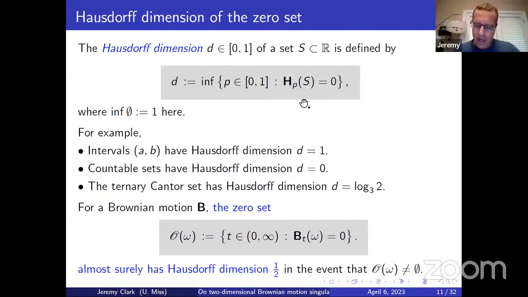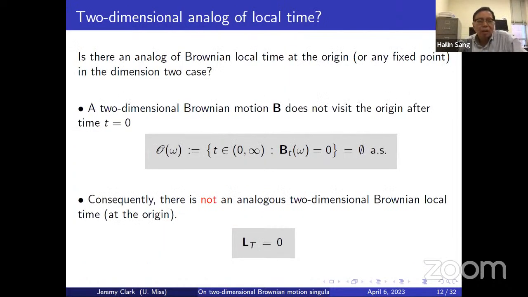Okay, good. Thanks. So that was a little bit of a summary of what happens in dimension 1. Dimension 1 has the minimal number of degrees of freedom, and you can see it's quite different.